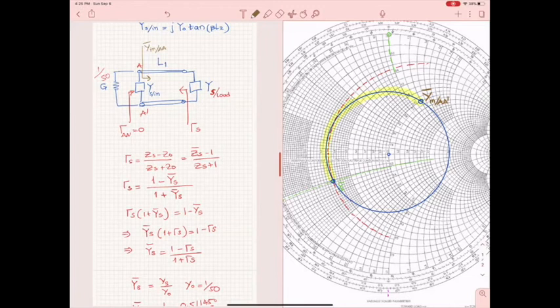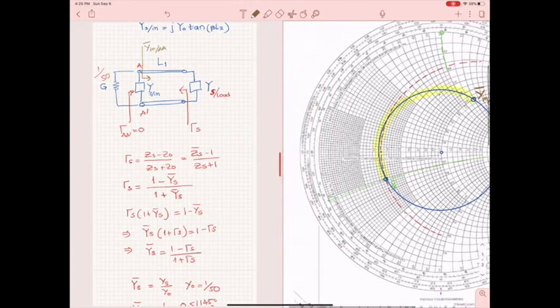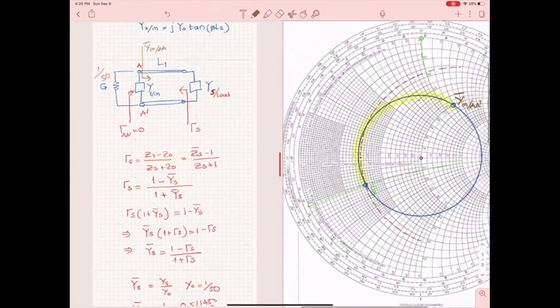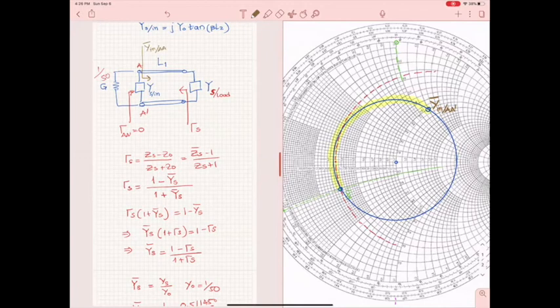So we have to go along the line by a distance L1, the yellow that I have shown you, which gets us from our load, ys, at the beginning, to the point y in at A A prime.